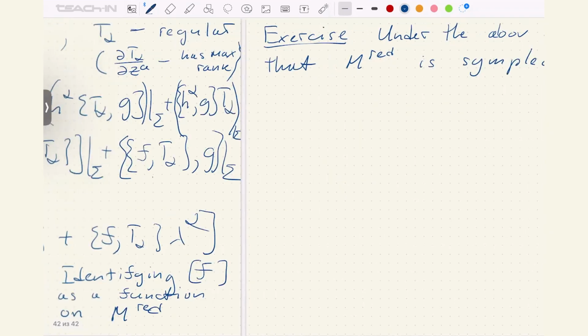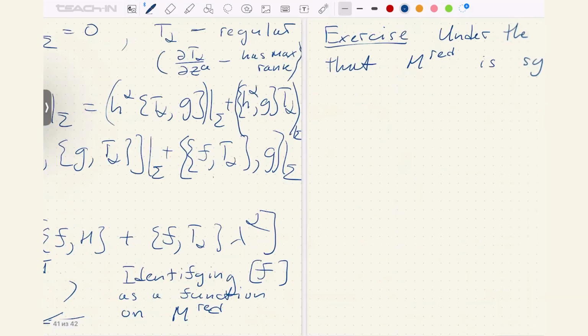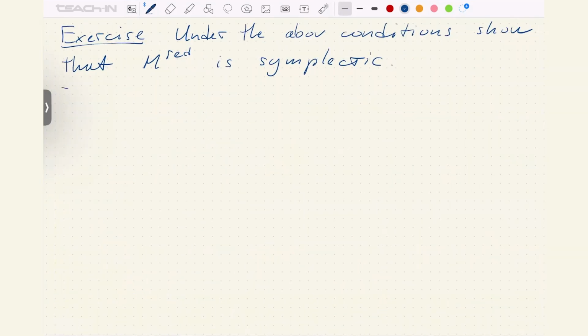So in other words, that this reduced Poisson bracket is not degenerate. This can be done, for instance, using coordinates. So let's help you a little bit.